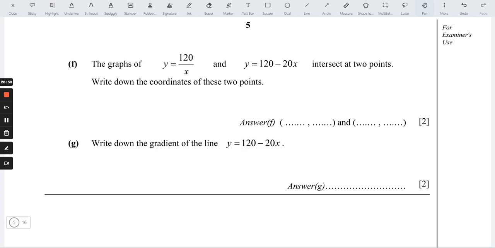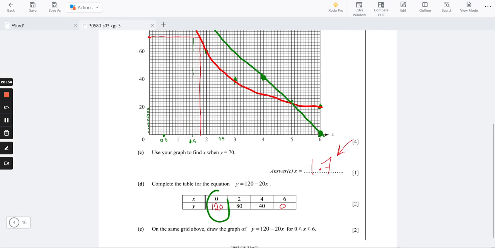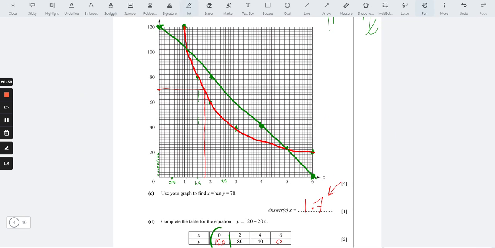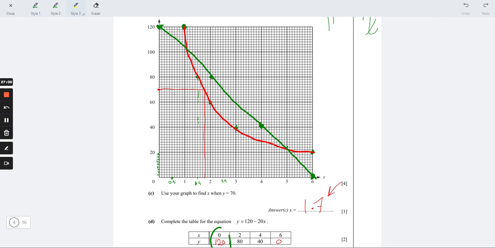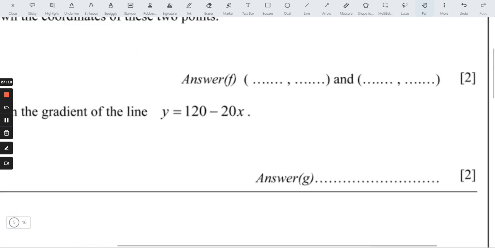Write down the coordinates of these 2 points. It's clear now that these 2 points are here. This is the intersection point here, and this is the second intersection point here. So you can find the values, and the values are as follows.